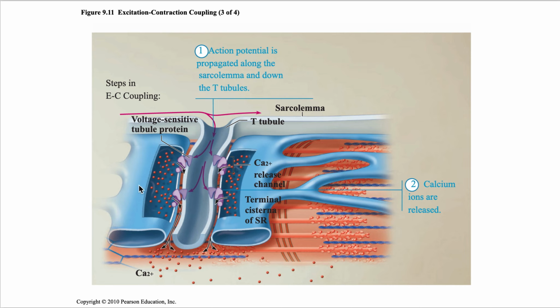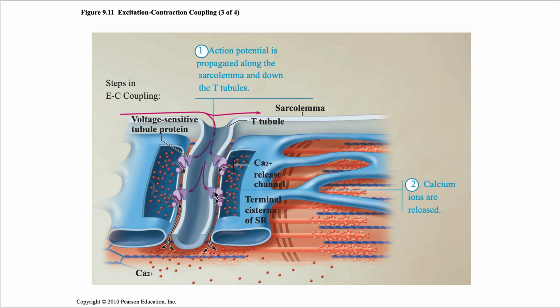Now the T-tubule essentially is the sarcolemma that goes down into the cell. So really it's part of the membrane of the cell, but it's internal. So think of the wall that surrounds the entire muscle as going deep into the muscle cell. And so this impulse that's rushing along the sarcolemma of the cell rushes down into the cell.